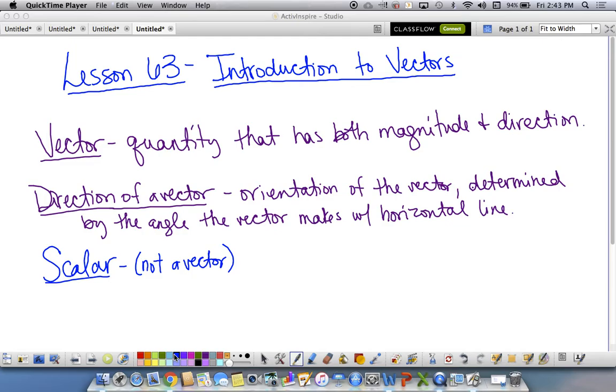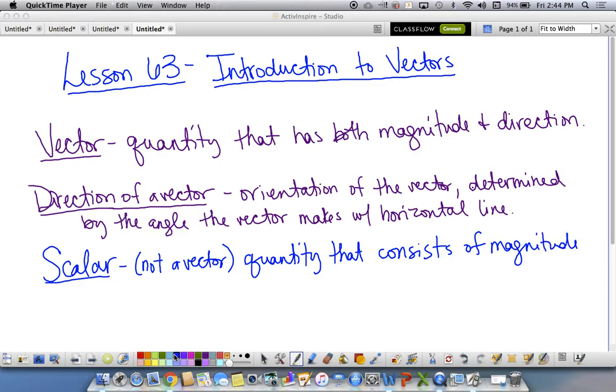It's just a quantity that consists of magnitude, of magnitude with no direction. When you think of the word quantity, what do you think of? It's simply just a number.